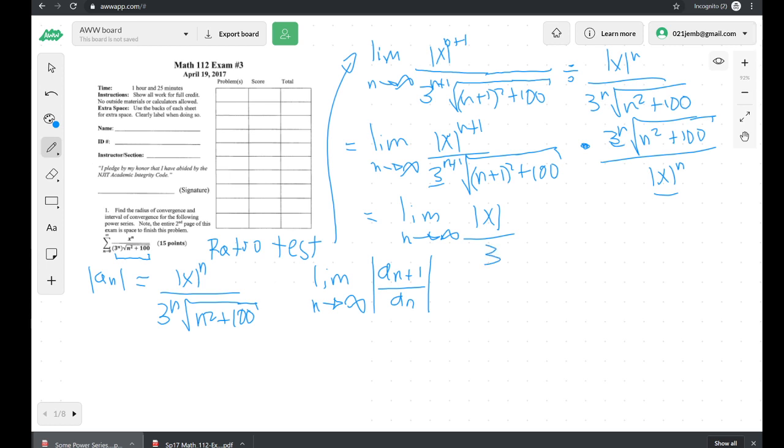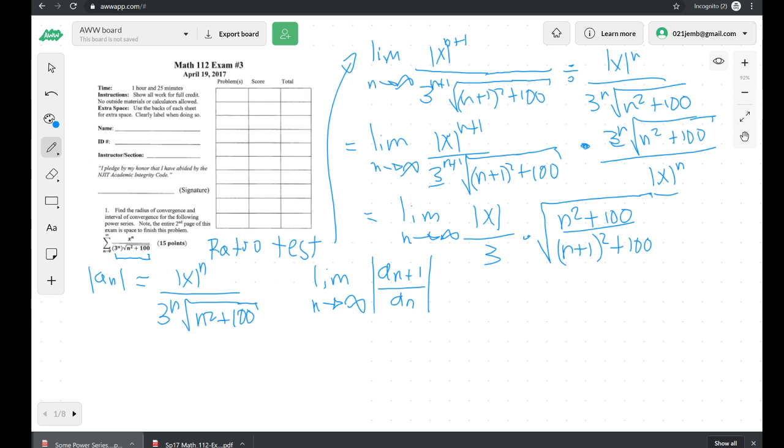And then we have the square root of n squared plus 100 divided by n plus 1 squared plus 100. Look at that, it's looking nicer. It's still not nice enough, but we can make it look nice.